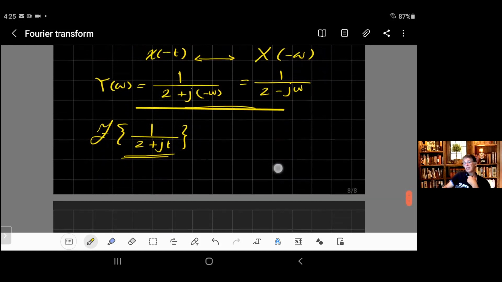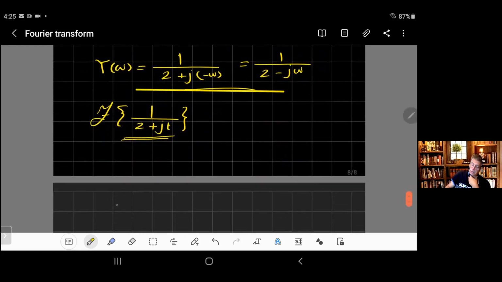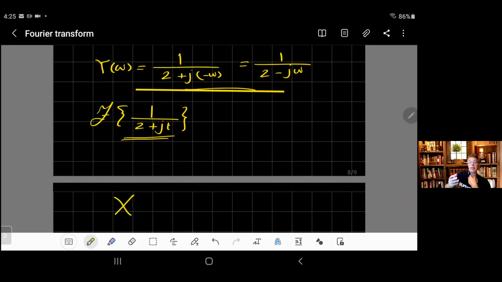So do we have something? Yes. There is a property that if you have the capital X, meaning the Fourier transform, and you replace omega by t, and then you want to find the Fourier transform of this one, because it's a function of time now, you will get x small, the function of time, with time replaced by minus omega, and then multiply it by 2 pi.